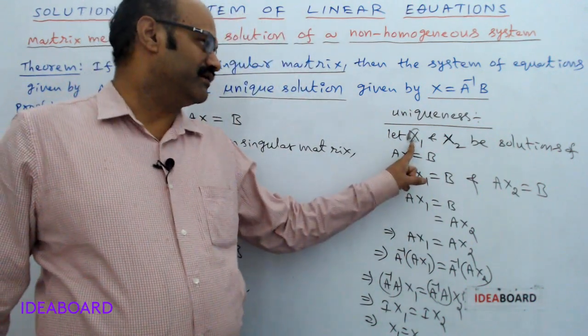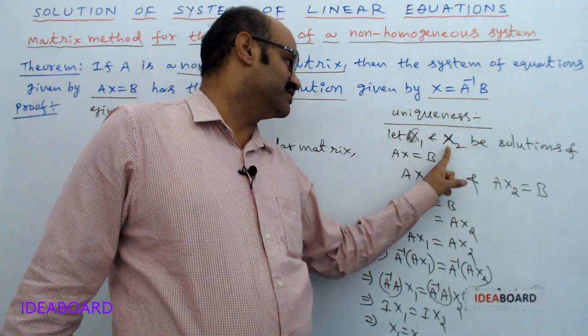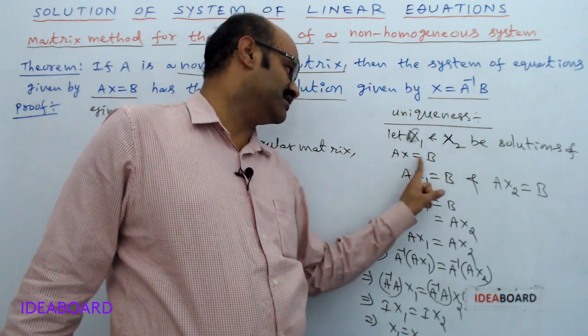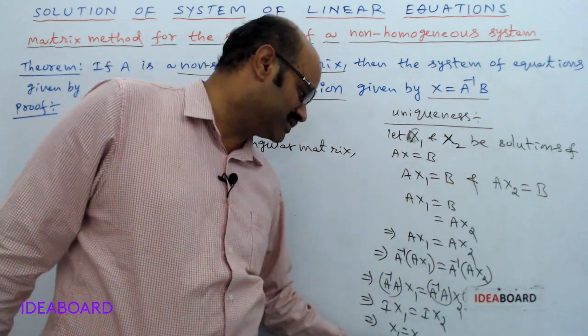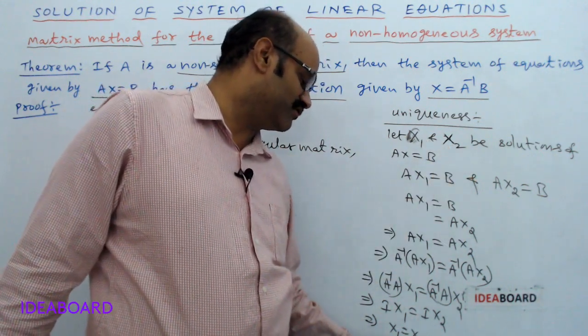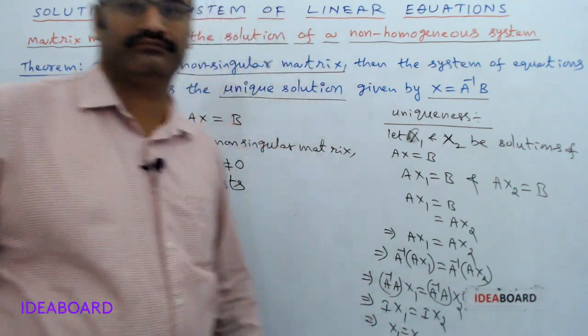Therefore, when you take two different solutions for the equation Ax equal to B, finally we came to know that x1 equal to x2. So whenever we have x1 equal to x2, we say that the solution is unique.